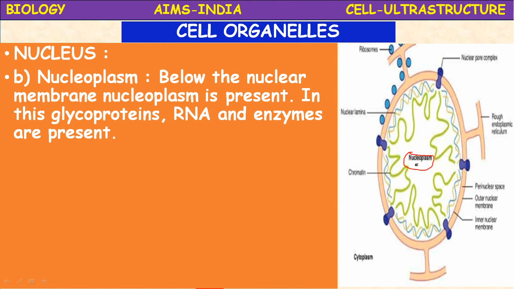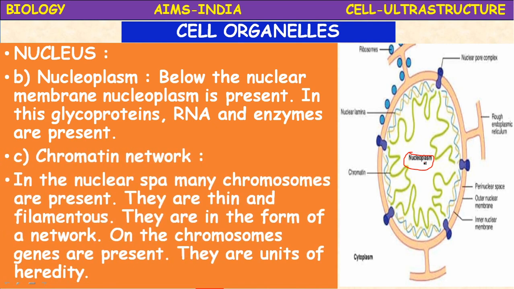In this, several chemical substances like glycoproteins, RNA and enzymes are present. Then the chromatin network, this green colored part surrounding the nucleoplasm, is called the chromatin material or chromatin network.